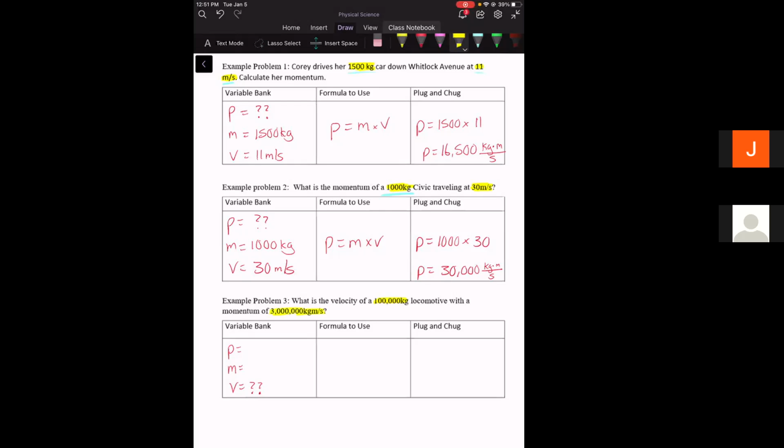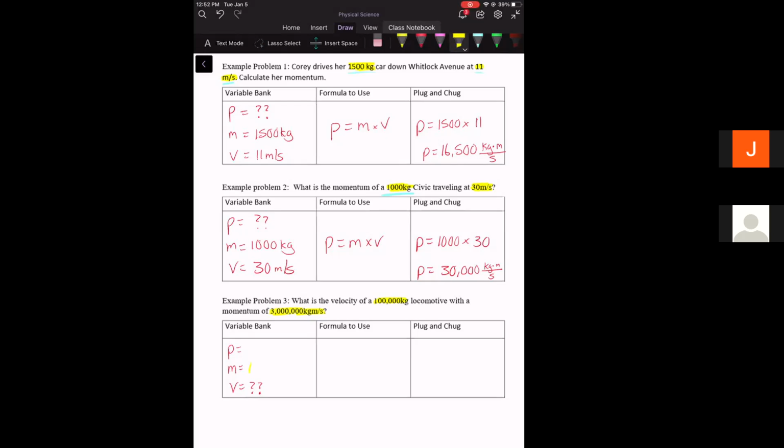So, the 100,000 kilograms, Lydia, where do you want to put that? P as in Peter or M? Yes, M for mass, very nice.